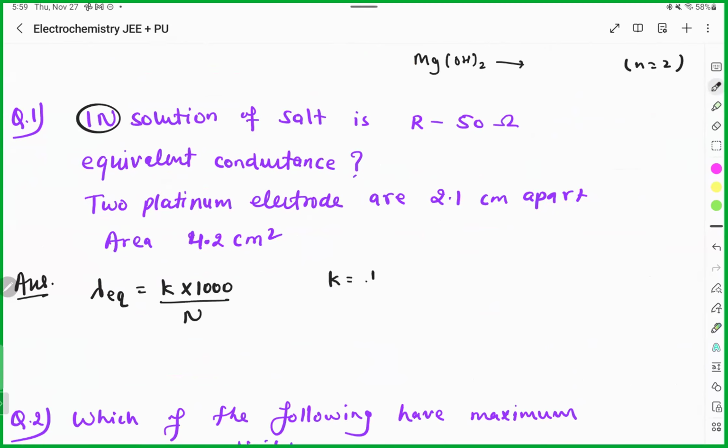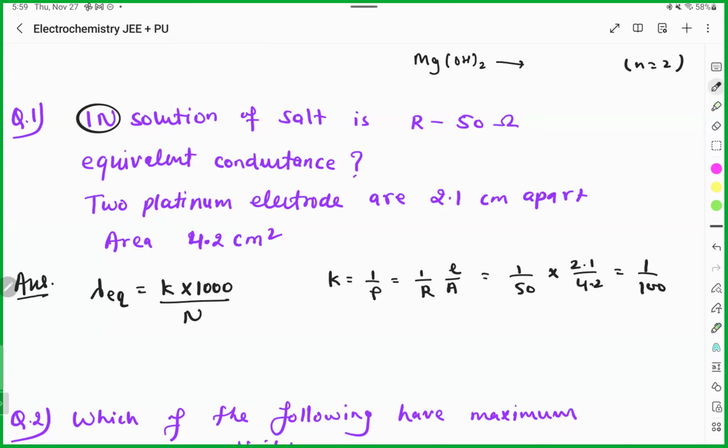You know kappa is equal to 1 by rho, and 1 by rho is equal to R A by L, correct? You have R value, you have L value, you have A value, correct? You can calculate, you will get the answer. Once kappa is done, you can put values. Any doubt? I won't do the full thing. This is more than sufficient.